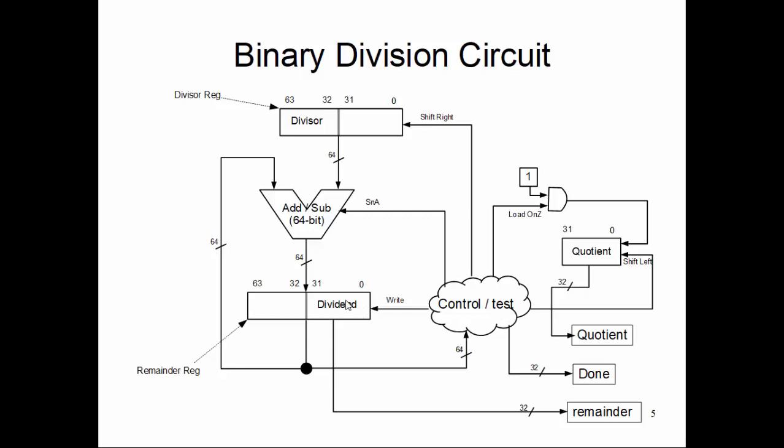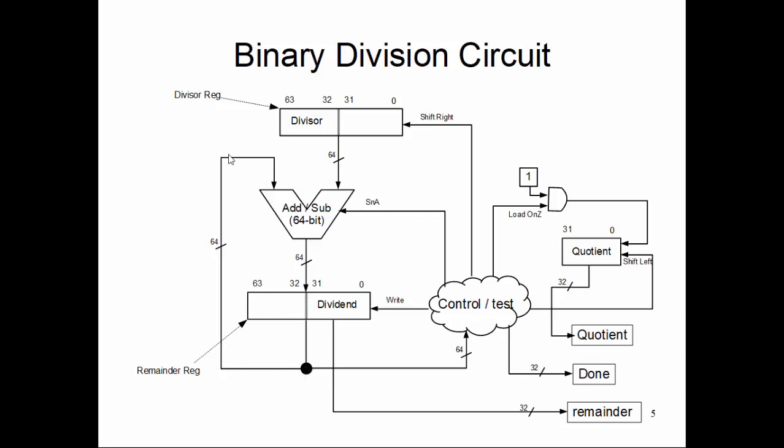And your remainder register is 64-bit again, and it is loaded with the 32-bit dividend bit pattern in the lower half. It just needs a write capability so that the controller and test unit can selectively write onto this remainder register. The output side of the remainder register goes into the controller so that the controller can test its sign, whether the remainder is negative or positive.